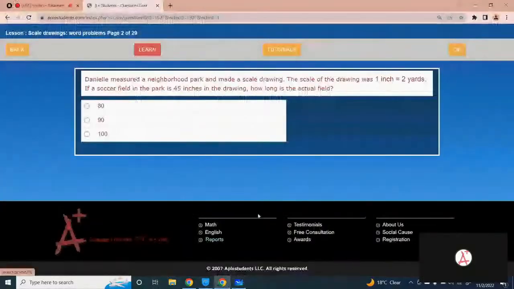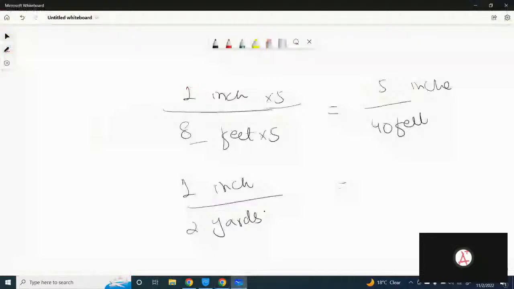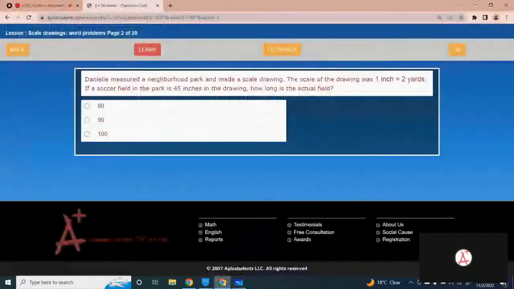Okay, if a soccer field in the park is 45 inches in the drawing, how long is the actual field? Got it?